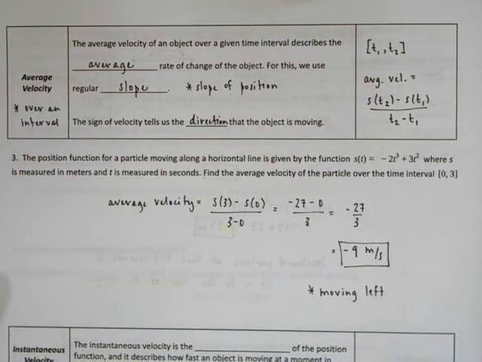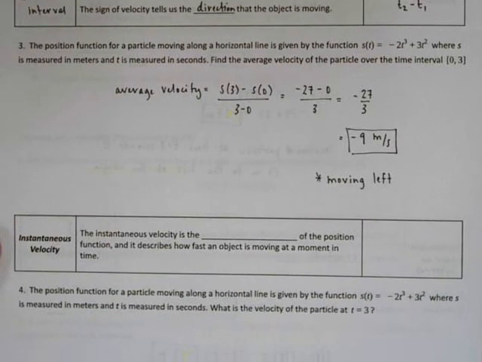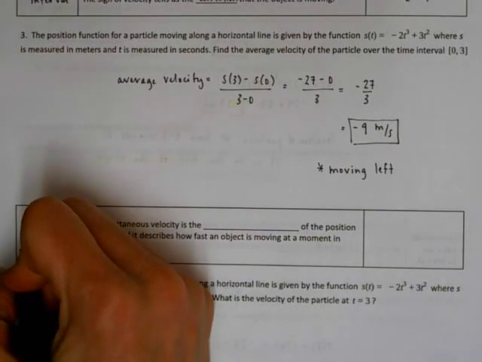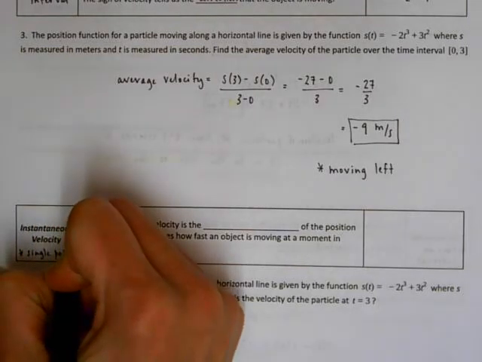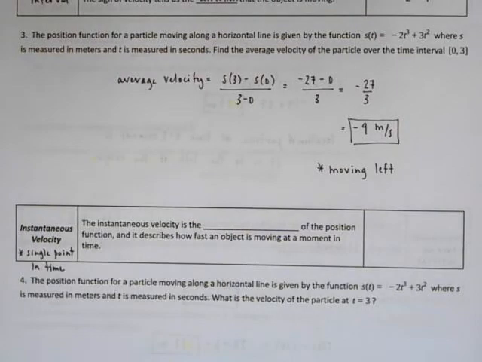Okay, instantaneous velocity. Hopefully that word instantaneous has already clued you into the fact that we're talking about a derivative here. So instantaneous velocity means a single point in time. We're not looking at an interval anymore. We're talking about what's happening at a single point in time.